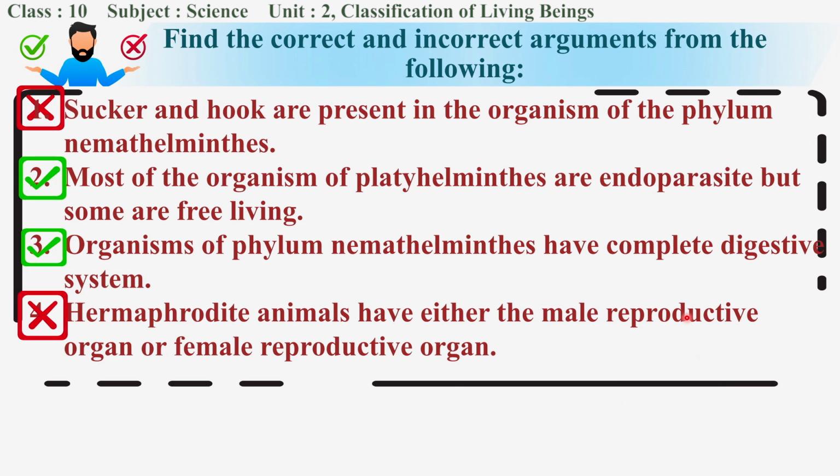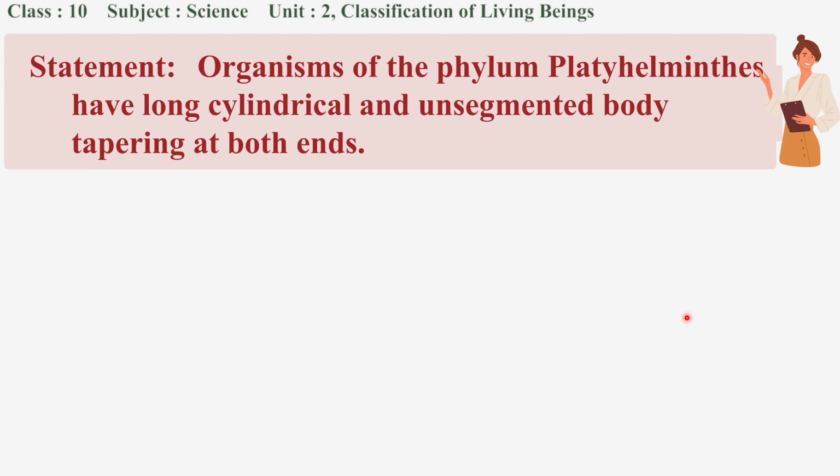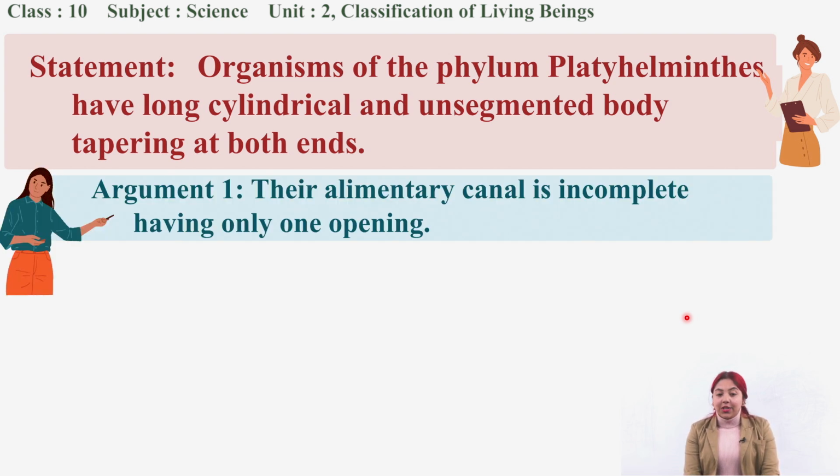Now, I have a final question for you guys. I have a statement. The organism of the phylum Platyhelminthes have long cylindrical and unsegmented body tapering at both ends. Now, the first argument is their alimentary canal is incomplete, having only one opening.